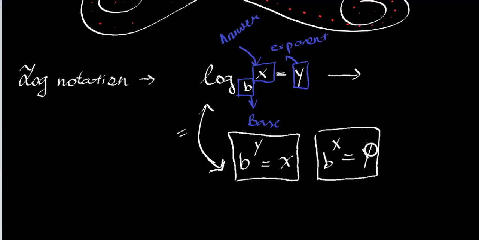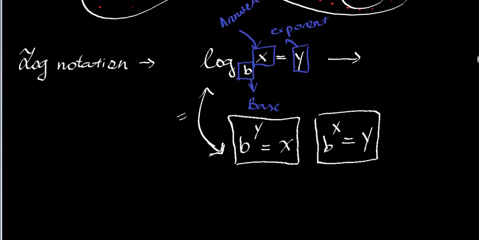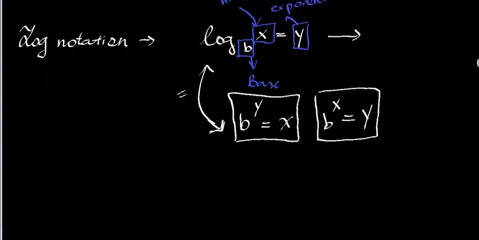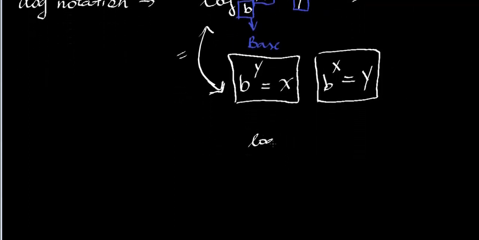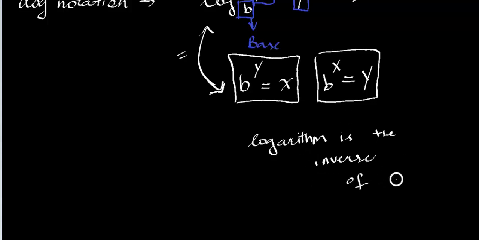That's all. The b is there. The variables are the same, so it's easy to understand. This means that the logarithm is the inverse of the exponential.